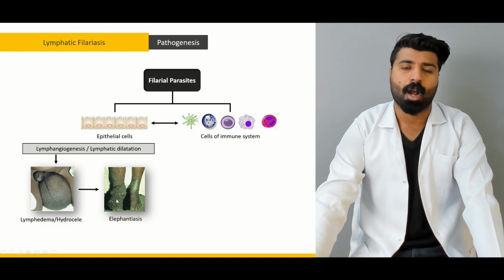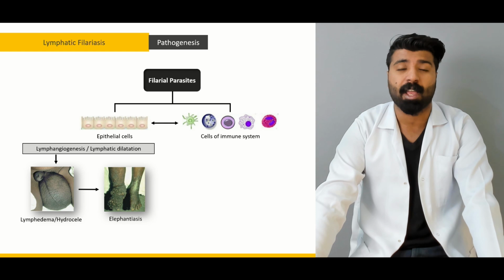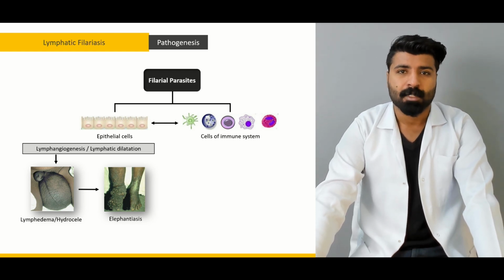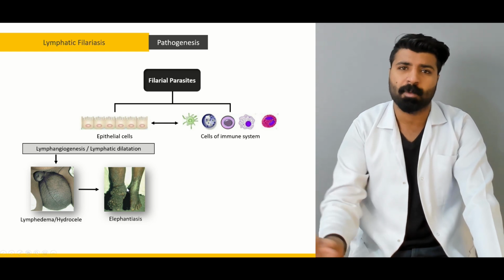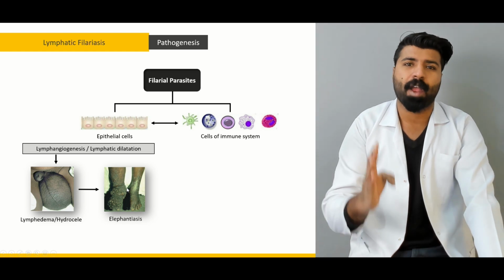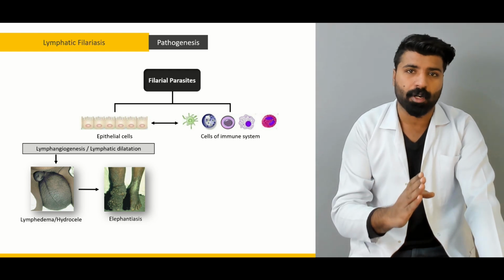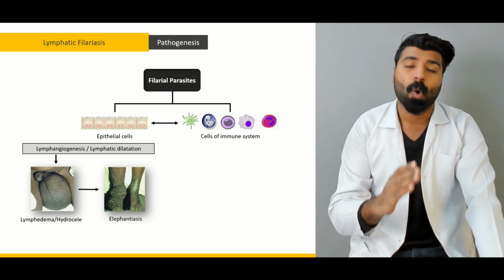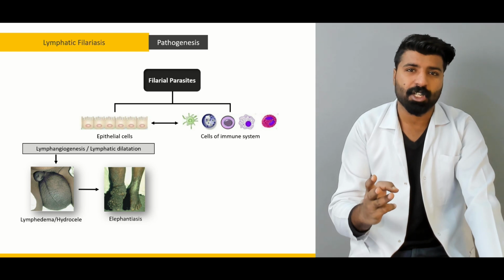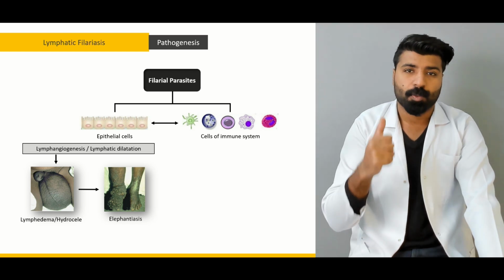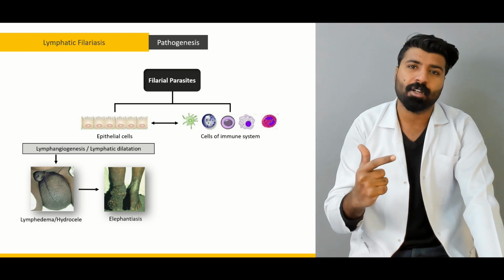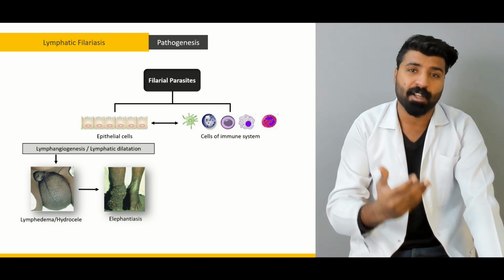Once the lymphatic flow is being disturbed in an organism, in a human being, this leads to toxic effects that will lead to elephantiasis, which we will talk about in some other lecture. But for now, you have to know that these filarial parasites are going to get to your lymphatic systems and cause three basic pathologies: obstruction, inflammation, and edema, with lymphangiogenesis.